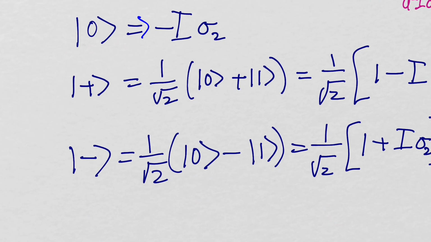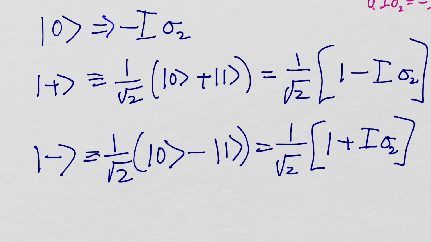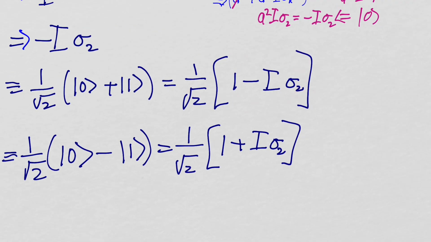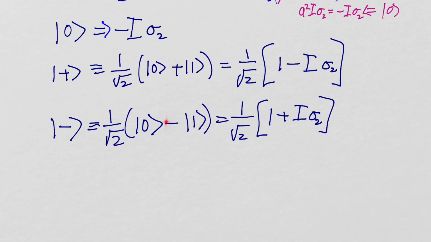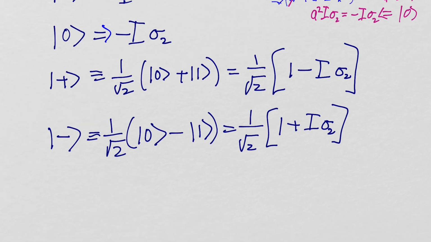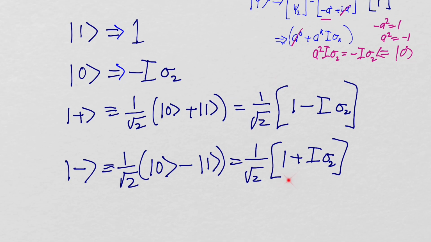Now for the plus state, I can just simply look at this version of the cat, right? I know what the plus state is by definition. This is sort of a definition, right? So I'll give it little 3 arrows. And the plus state is 0 plus 1, so boom, 1 minus I sigma 2, and then 1 plus I sigma 2, where notice the signs swap here, right? With that in mind, we have now created the geometric version of all of these states.